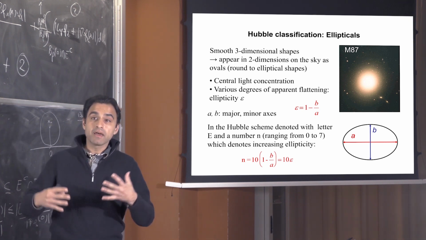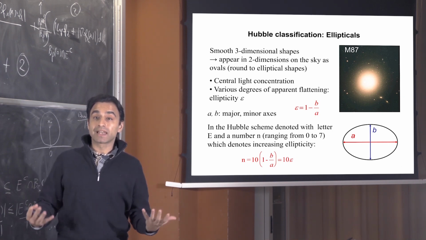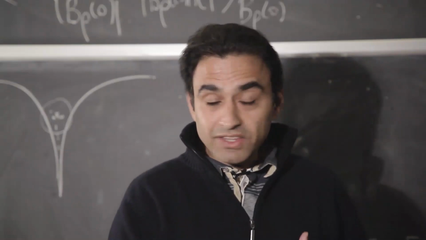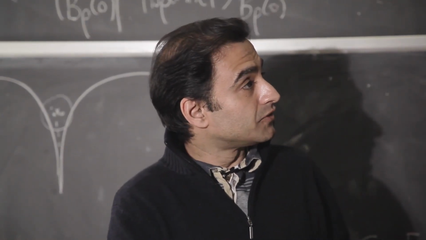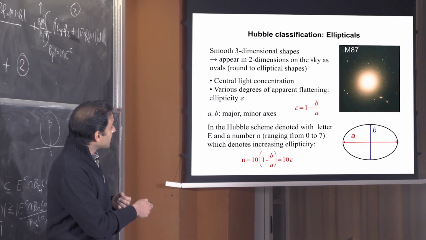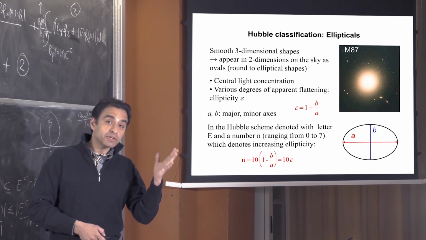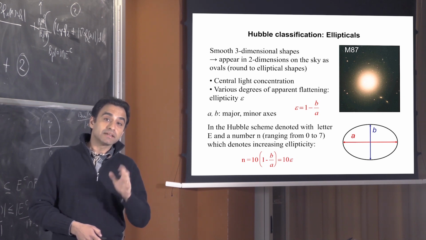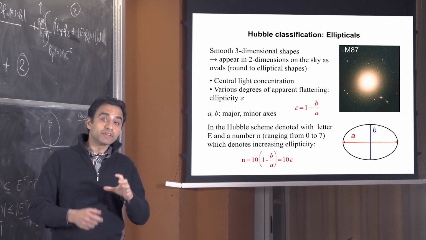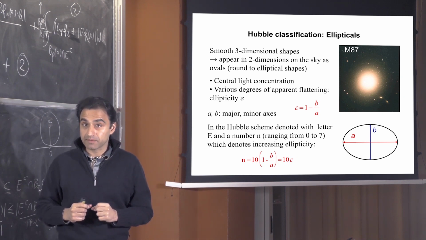M87 is a special massive elliptical at the center of the so-called Virgo cluster. There are different types of ellipticals. Ellipticals are, first of all, labeled by the capital letter E, followed by a number, E0, E1, E7, and this number depends on the actual shape of the ellipse on the plane of the sky.